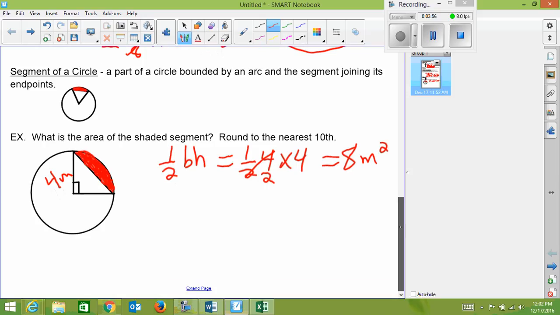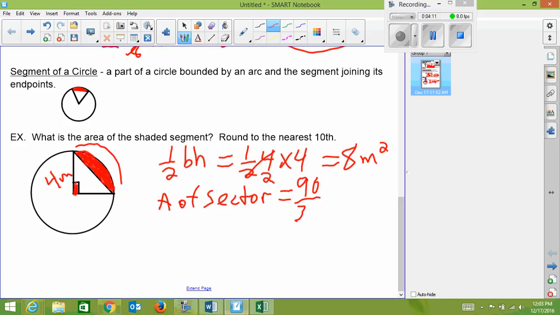Now I need to go ahead and find the area of the whole sector. So the area of that whole sector would be, because there's a 90-degree angle right here, you know that this is 90. So it would be 90 out of 360 times pi r squared. 90 over 360 reduces to 1/4, so we can use that.